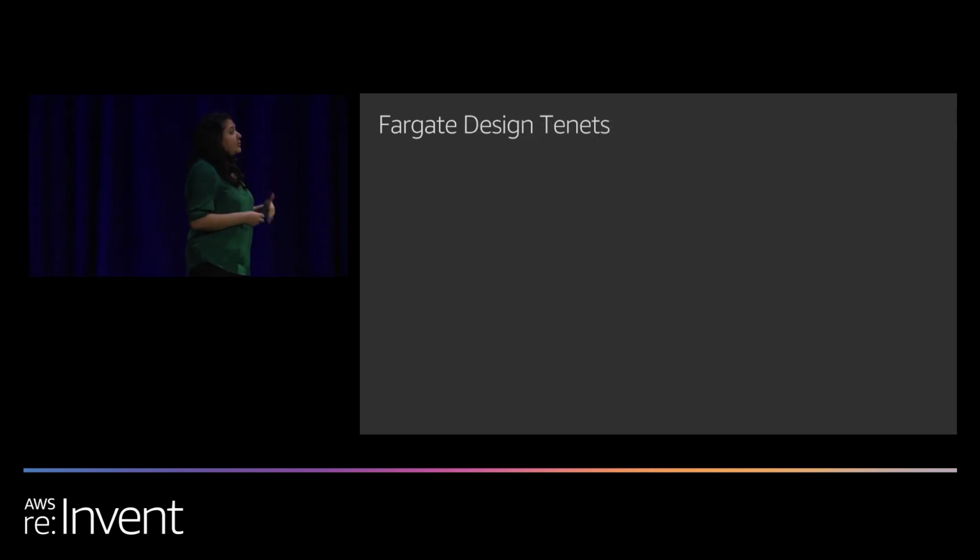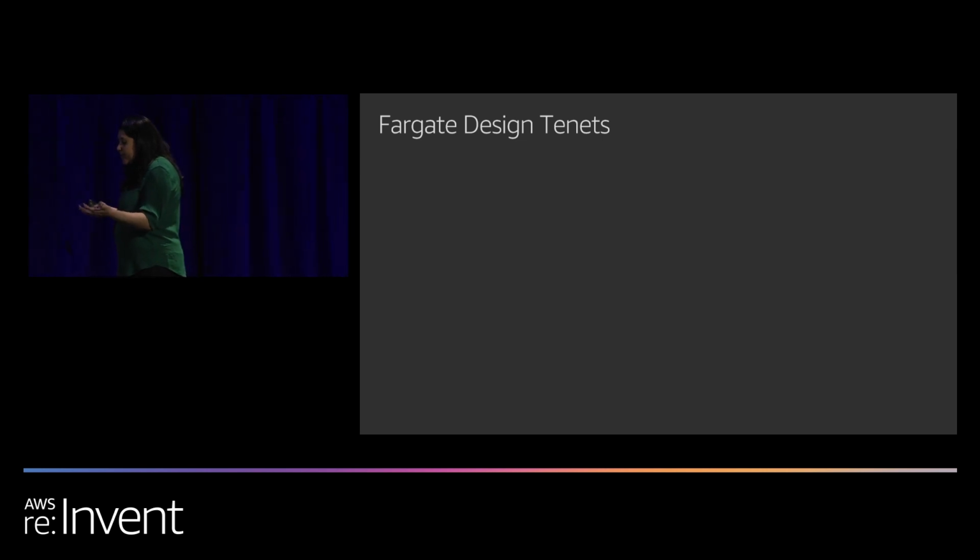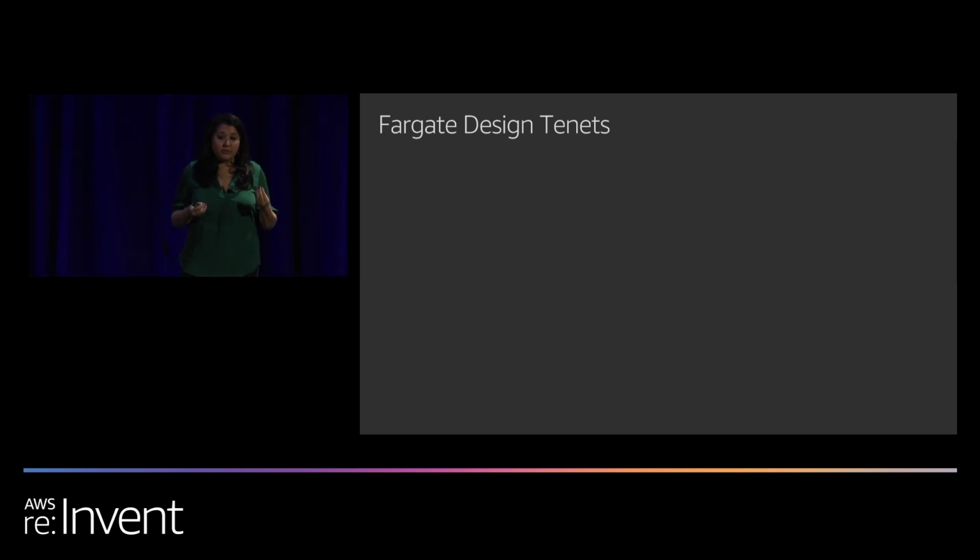So as we were cooking up this service, once we settled on the overall goal of the service and the customer experience, the ball gets handed down from the product team to the engineering team. And one of the first pieces of documentation that we put down as the Fargate engineering team was a list of design tenets.